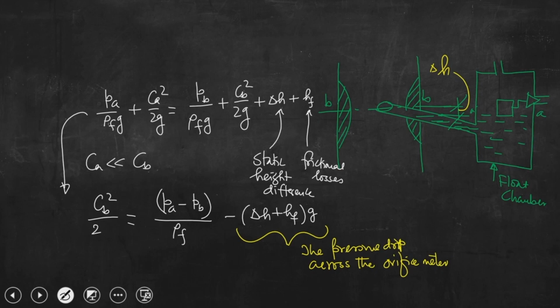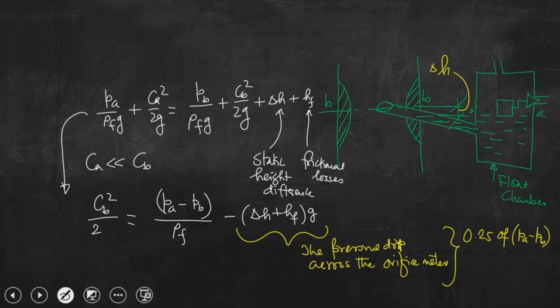So, this quantity is 0.25 of PA minus PB. So, if we write Cb square, we get Cb square by 2 equal to PA minus PB by rho f. And if we go back to the previous slide, this is 25% of PA minus PB divided by rho f.